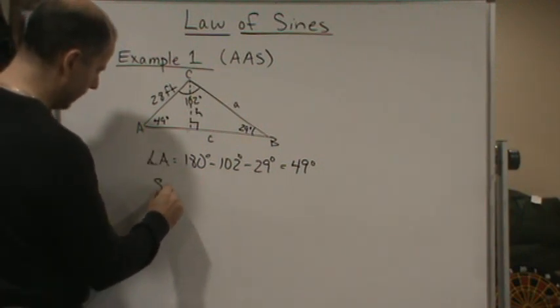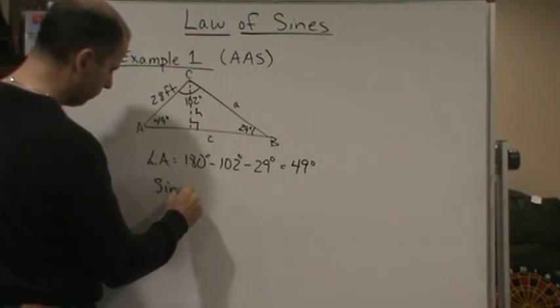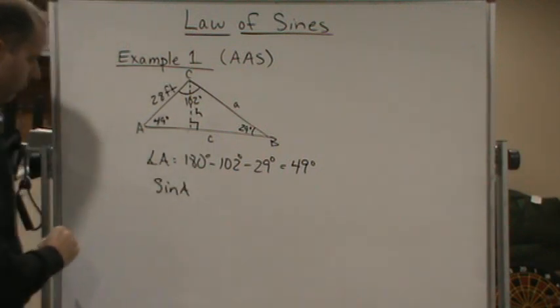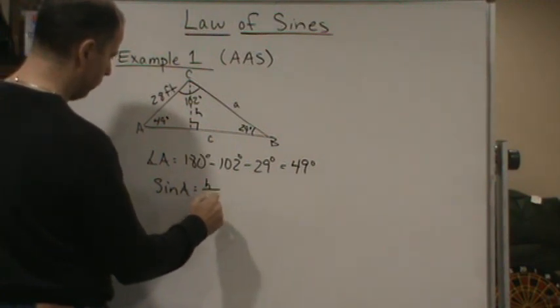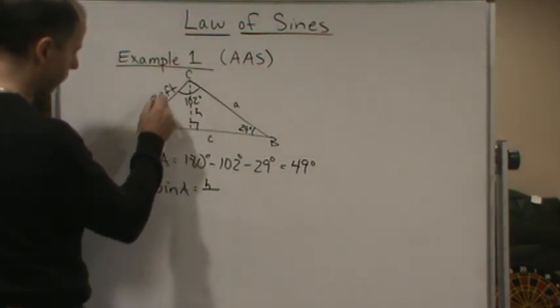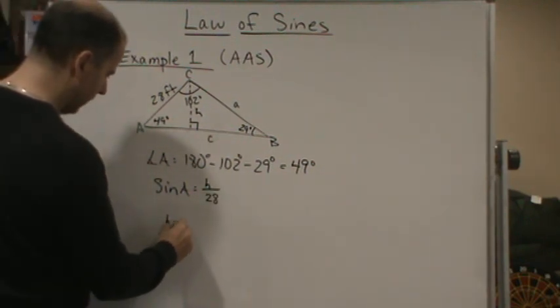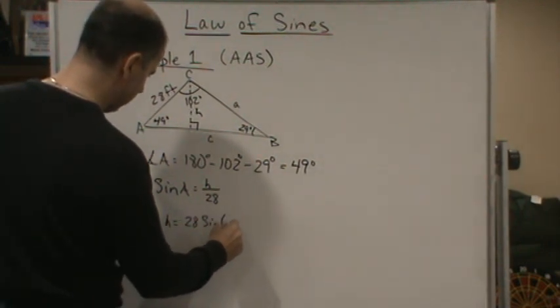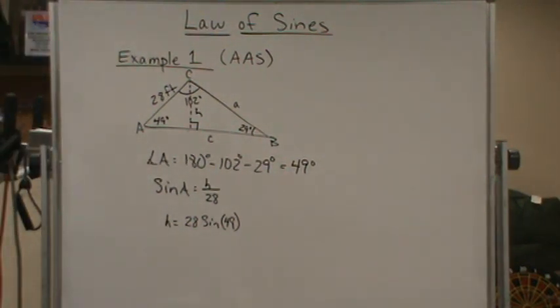So sine A equals h over b, which is 28. So h equals 28 sine of 49 degrees.